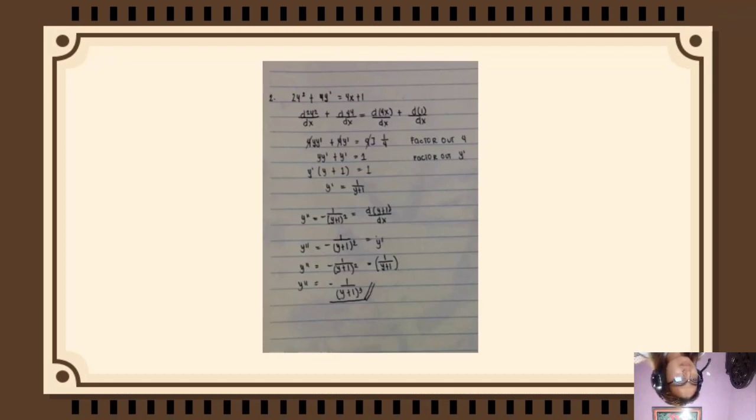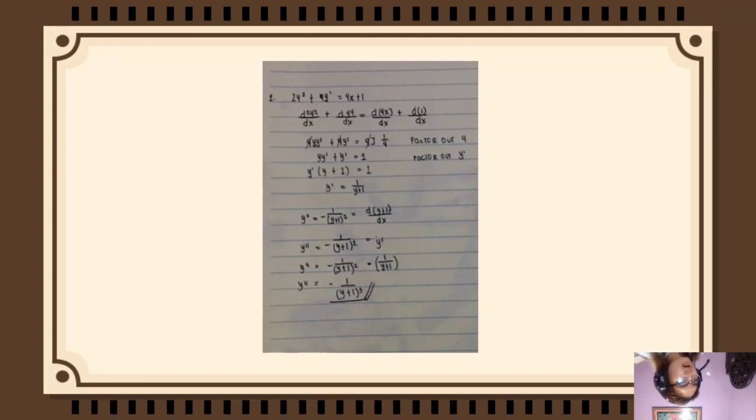Nagiging positive 1 plus y na lang siya, equal to 1. Tulad nung sa umpisa, nilagay na natin siya dito. So, y1 is equal to 1 all over y plus 1.